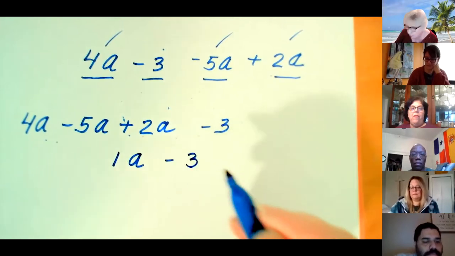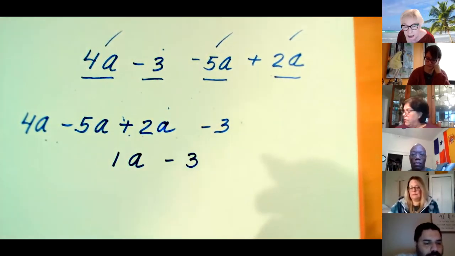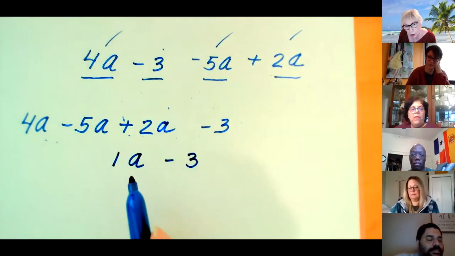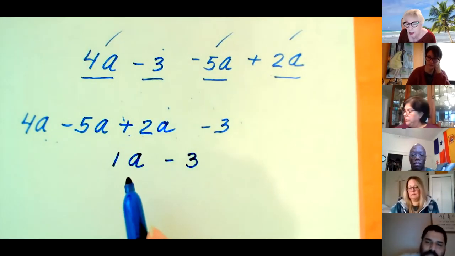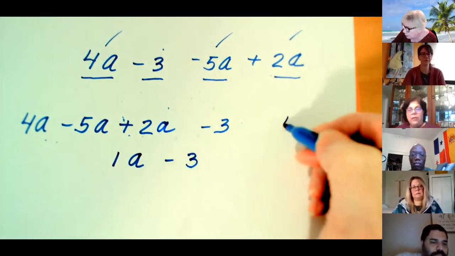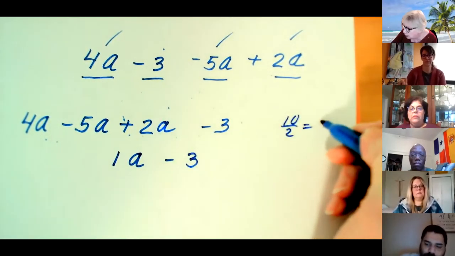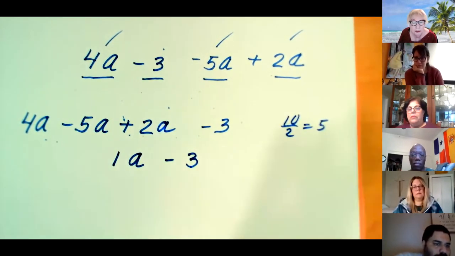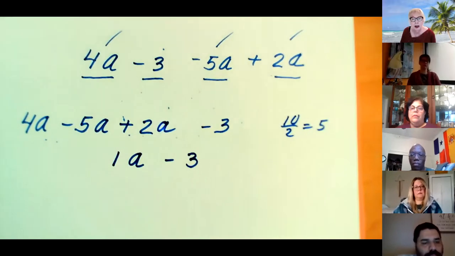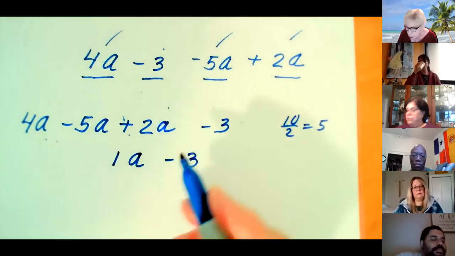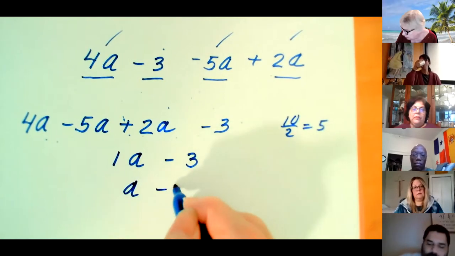Subtract 3. Now, as it turns out, the way they like answers is always the simplest way humanly possible. And we've done this all along. If you had 10 over 2, you said 5. And anytime you could make it, it's the simplest version of the answer you do. 1a is assumed to be a.